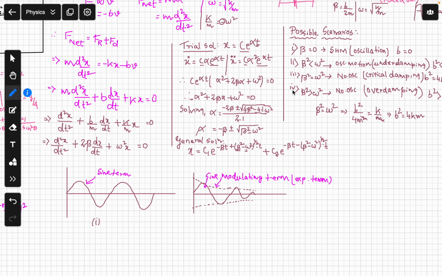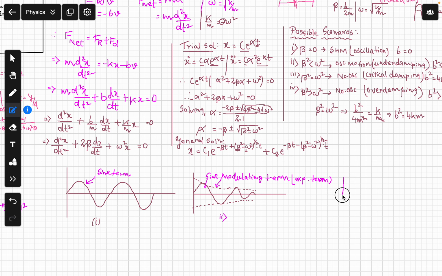So when you solve it for the first one, you are going to get only a sine term. For the second one, you are going to get the sine term along with an exponential term. That means it is oscillating, and at the same time a reduction in amplitude is observed. That's the first and the second case.